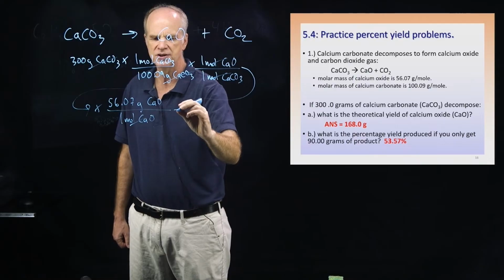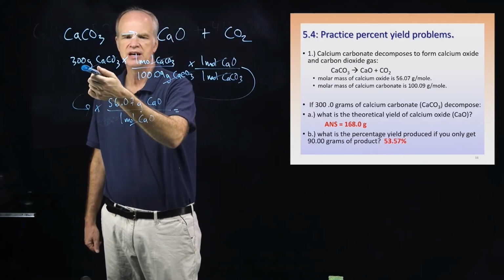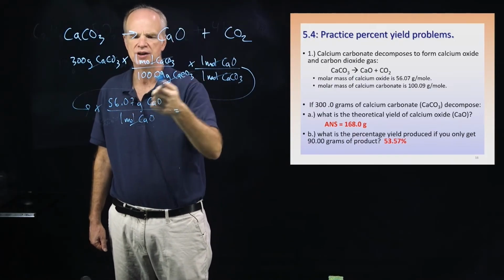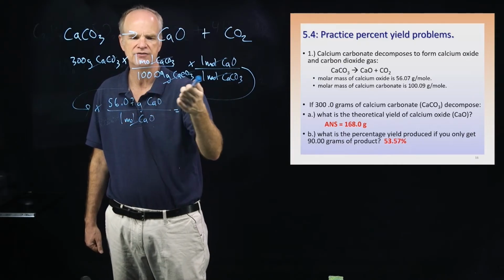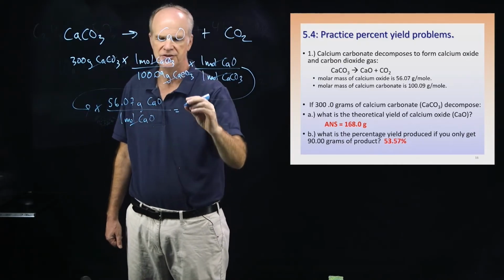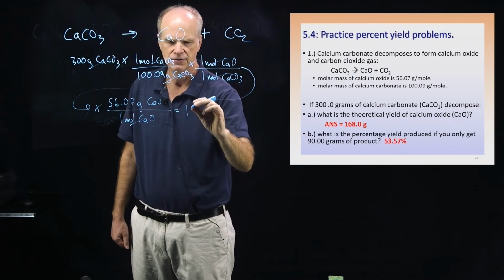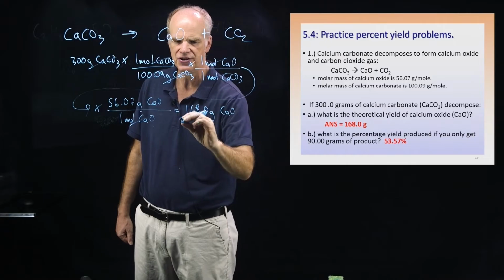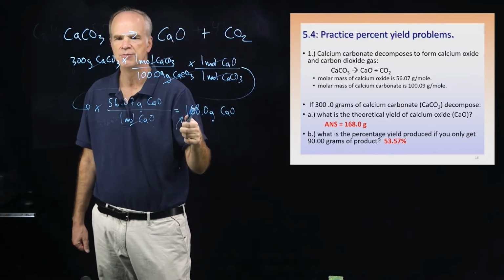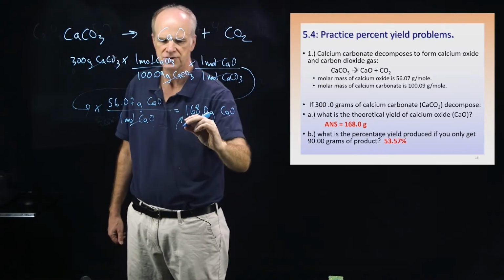If you worked out the math, it's 300 times 1 times 1 times 56.07 divided by 100.09 divided by 1 divided by 1. And that should work out to be 168.0 grams of calcium oxide. So this is, again, a yield determined by an equation. So this is the theoretical yield.